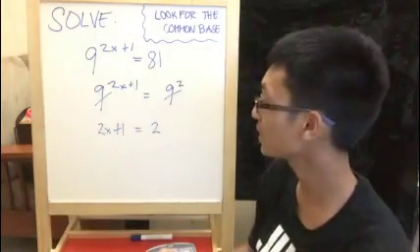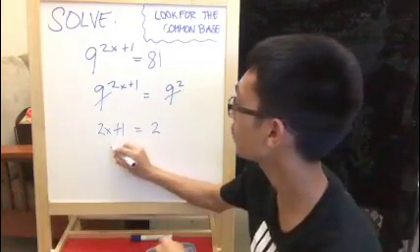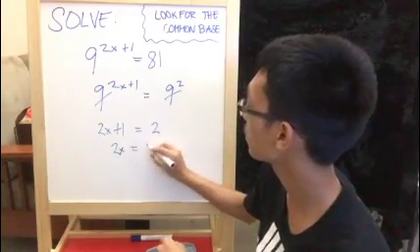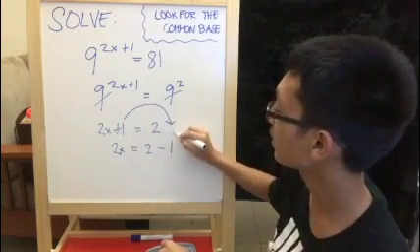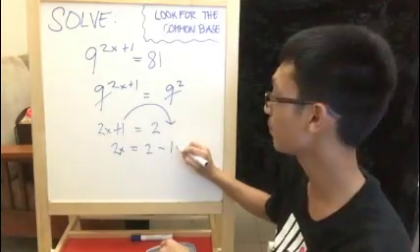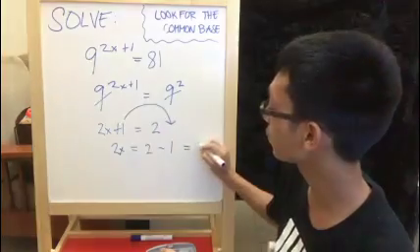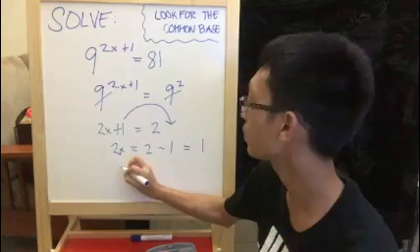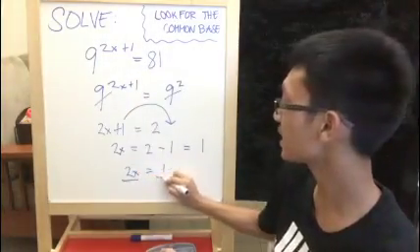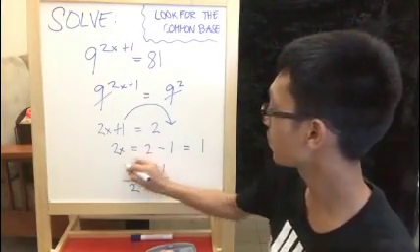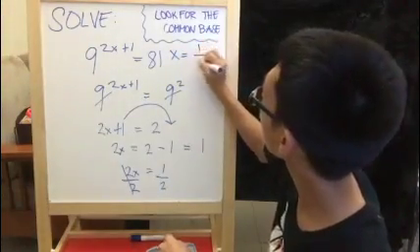The next step is to transpose, which gives you 2x equals 2 minus 1, because when we transpose positive 1 to the other side, it becomes negative 1. That's why 2 minus 1 is equal to 1. Therefore, 2x is equal to 1. Then divide both sides by 2, which gives you the value of x is equal to 1/2.